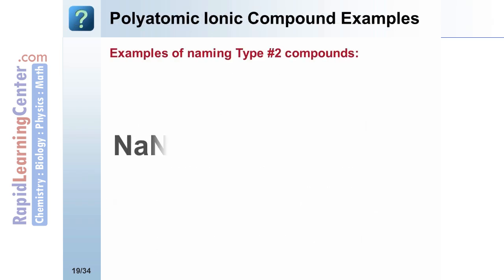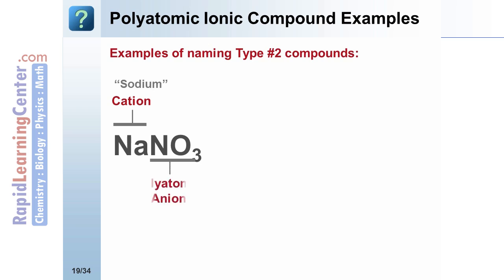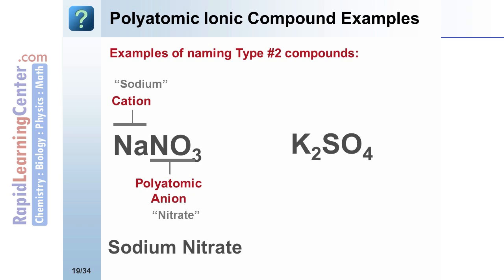An example, NaNO3. Na is sodium. NO3 is a polyatomic anion, nitrate. Sodium nitrate. K2SO4. K is potassium.